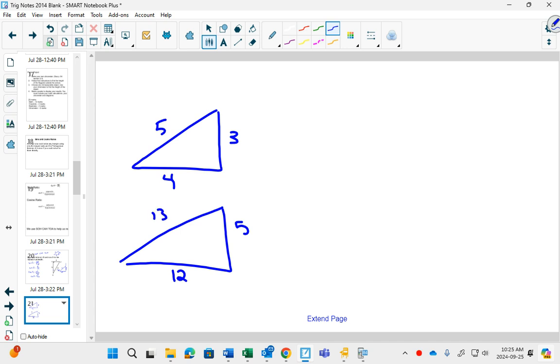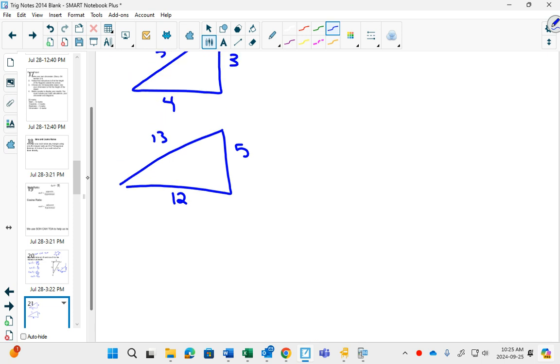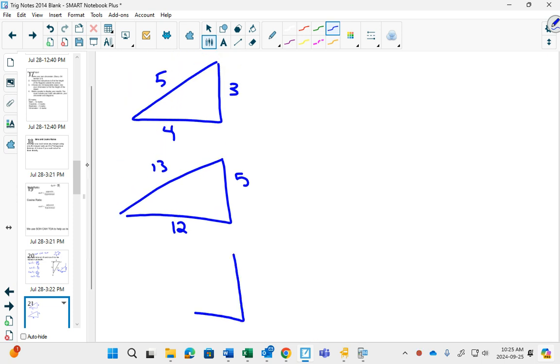And I'm going to show you one more, which is the 7, 24, 25. And you can double check these. 5 squared 25, 12 squared 144 is 169.